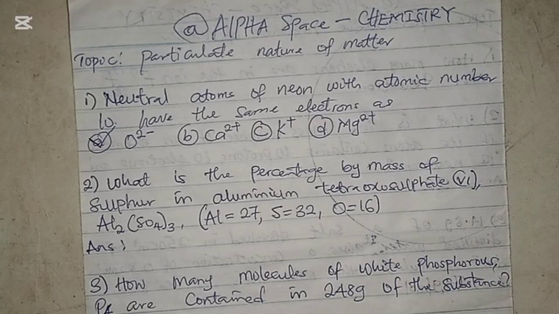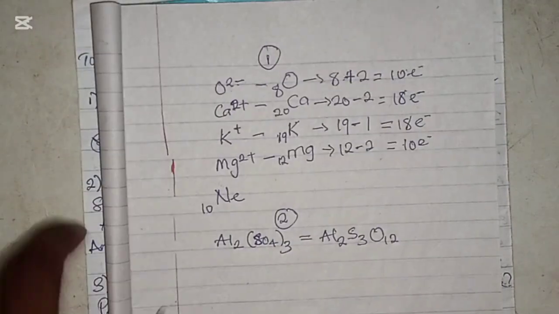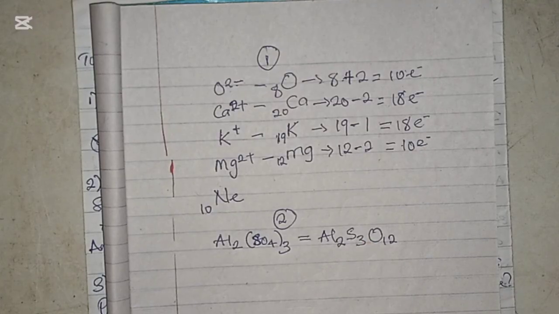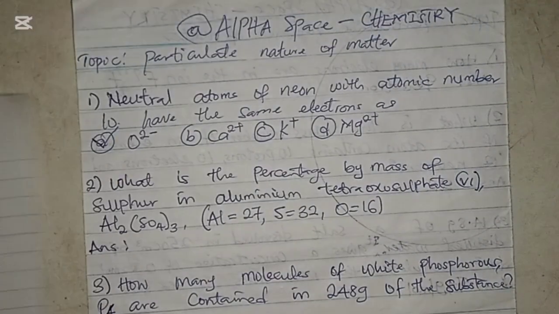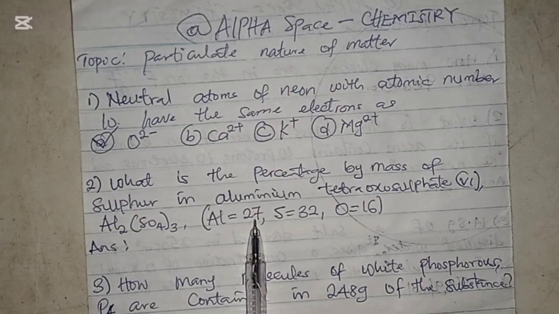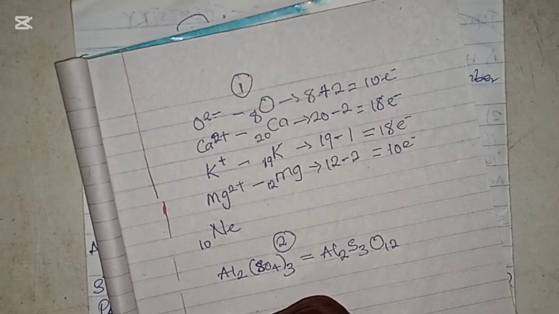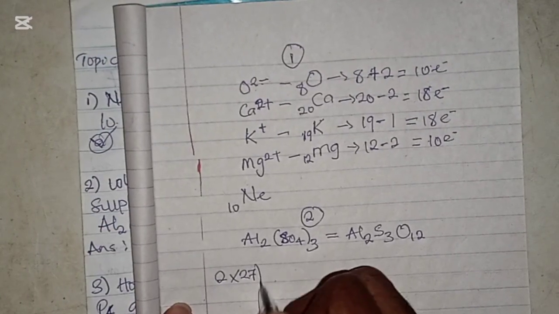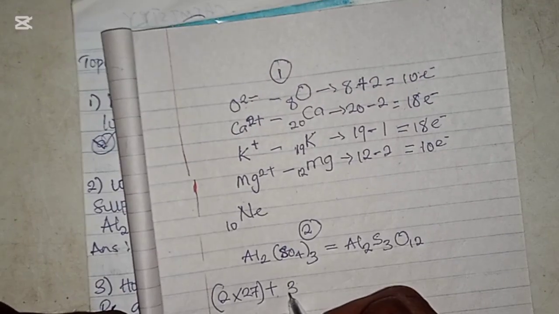Now, they ask us to find the percentage by mass of sulfur. But first of all, let us calculate the relative molecular mass of this compound. Aluminium has a relative atomic mass of 27. So how many atoms of aluminium are here? 2. So 2 times 27, plus, how many atoms of sulfur do we have here? 3.